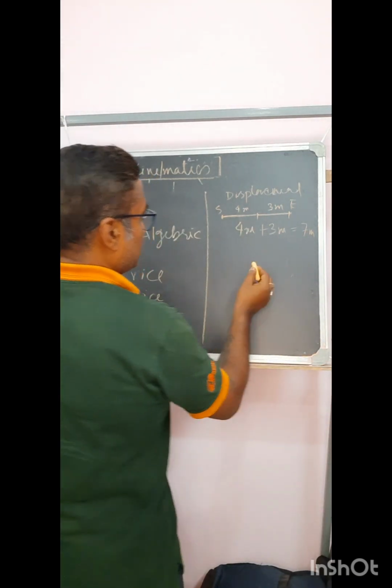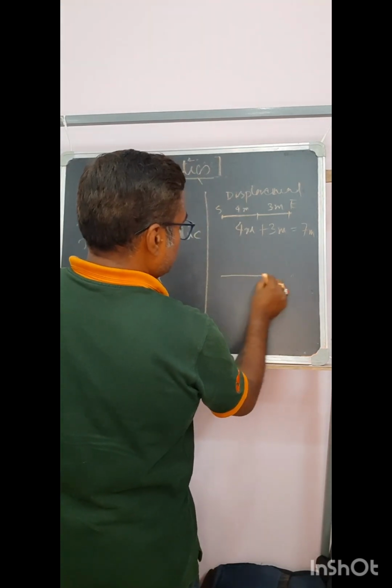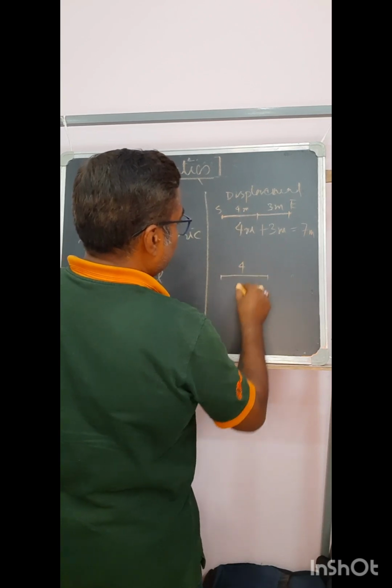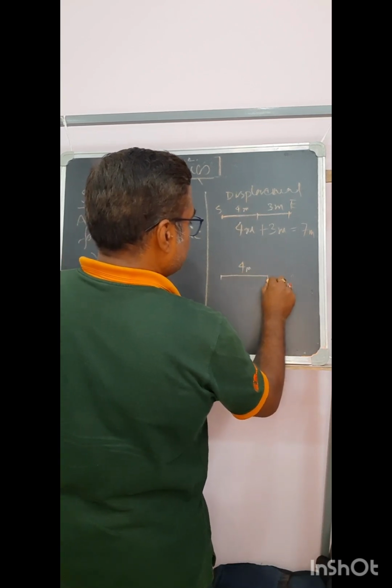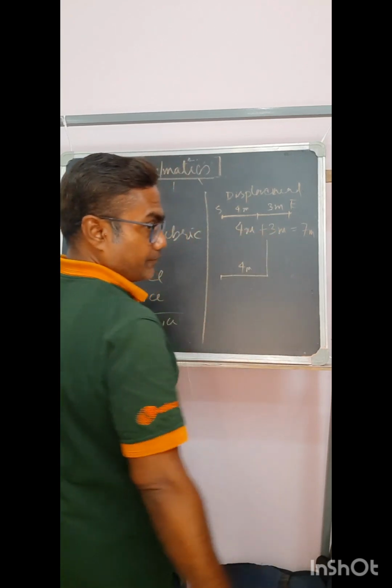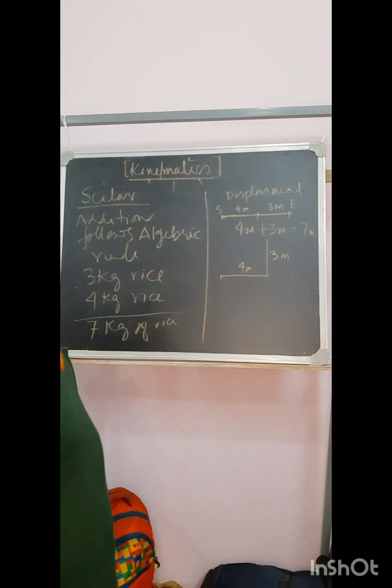But let's say the same ball is pushed first and it goes 4 meter this way, then after some force is added, it moves this way 3 meter. Now what would be the displacement?